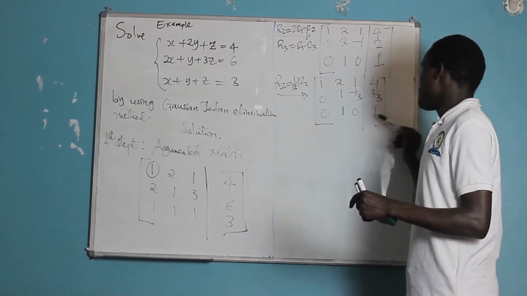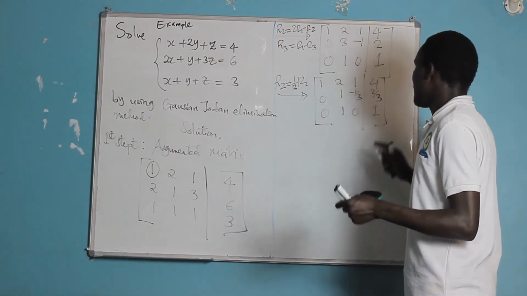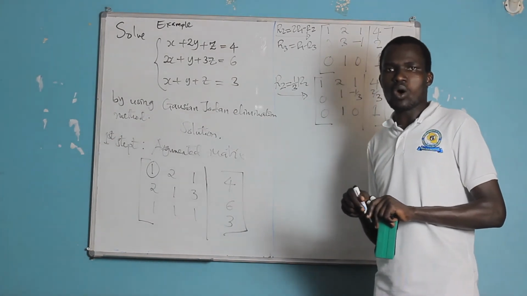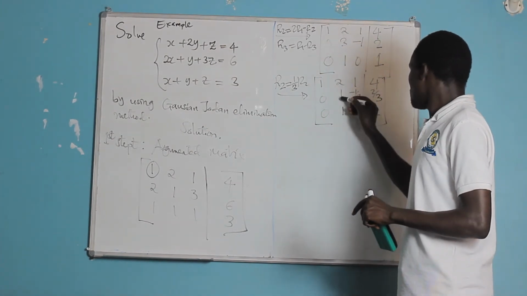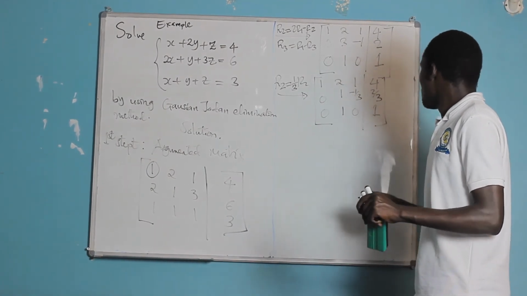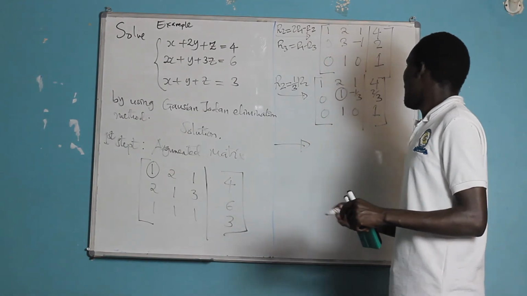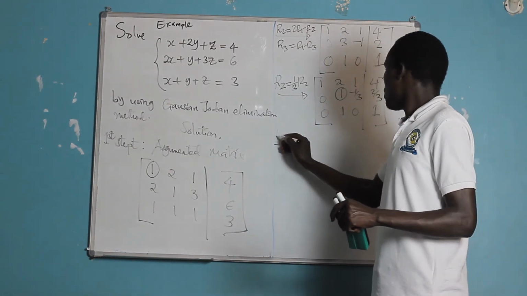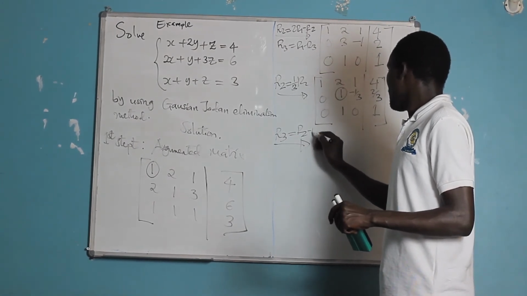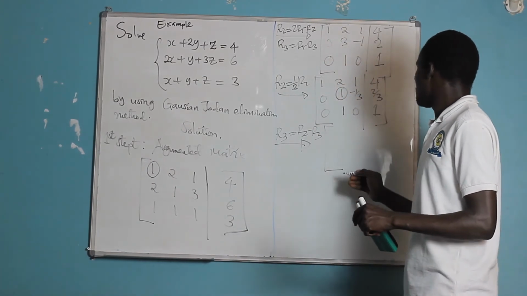So this is the leading entry, which is 1. We need the third row also to have a leading entry of 1, and its column should be to the right of the leading entry of the previous row. So we have to reduce this one, taking this as a pivot. To get row 3, we just take row 2 minus row 3, based on the pivot.